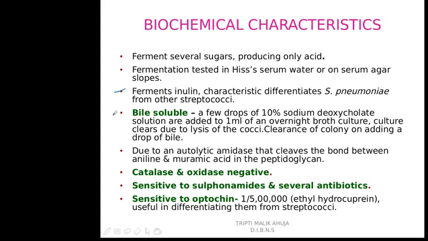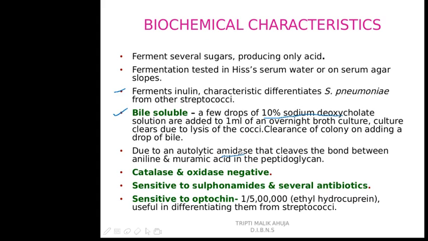Then the next characteristic biochemical test is bile solubility. When a few drops of 10% sodium deoxycholate is poured over the overnight culture, it becomes clear. Similarly, when this solution is poured over the colony, it gets lysed. This is because of an enzyme amidase which cleaves the bond between alanine and muramic acid in peptidoglycan.